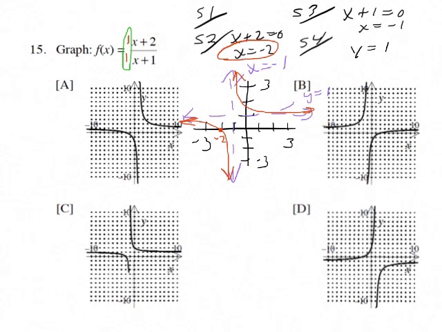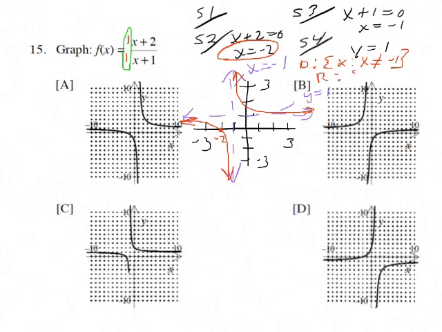And looking at that, there's one more thing we need to look at. What is my domain? Well, let's just put a little d here. Your domain is going to be all real numbers x such that x is not equal to negative 1. So there's my domain. And then, of course, my range. What is my range?